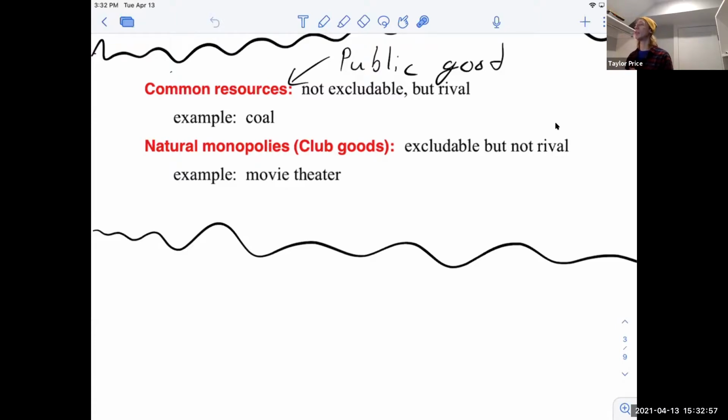Common resources are usually a public good, whereas club goods are natural monopolies, and they're excludable. So they have a price or some way to exclude people, but they're not rival. If I'm watching a movie at a movie theater and it's not crowded, you can also watch a movie at that same movie theater and not be negatively impacted by me being there.